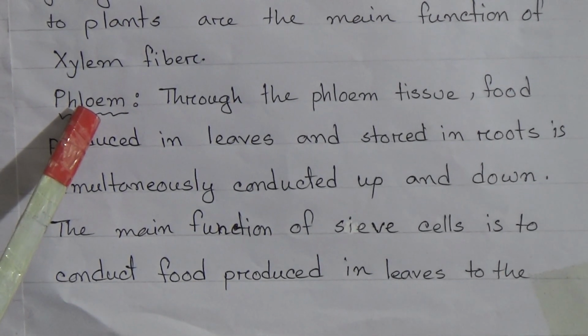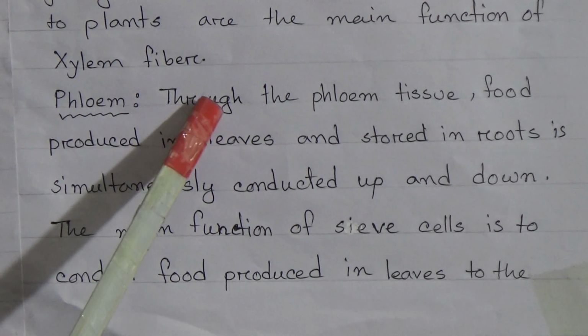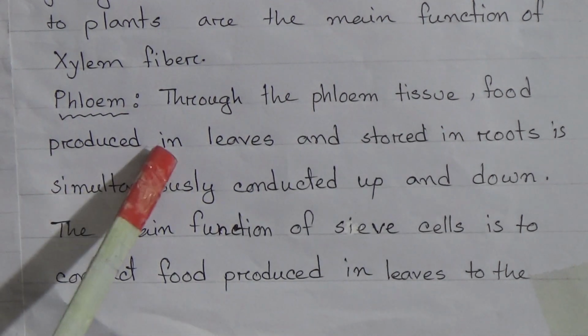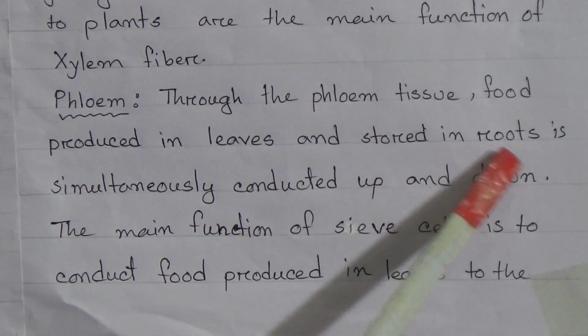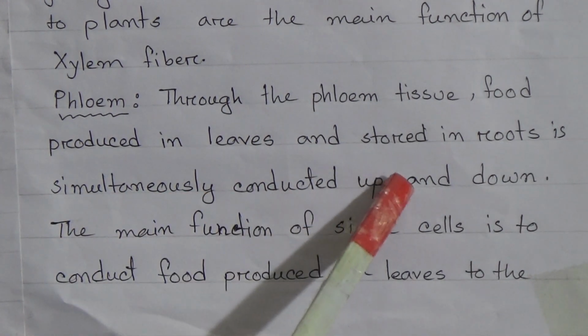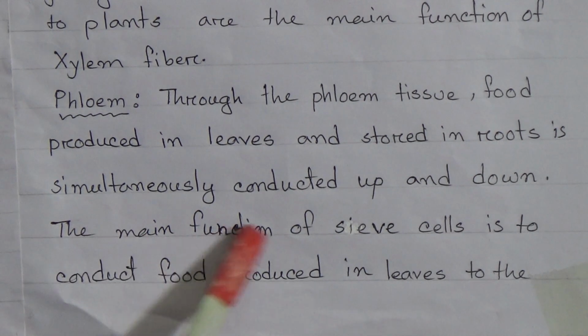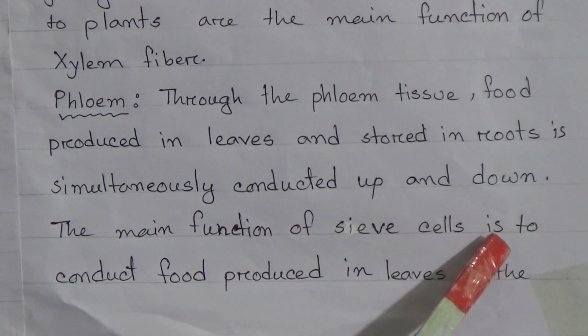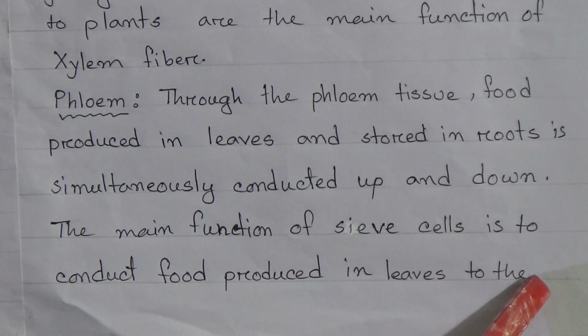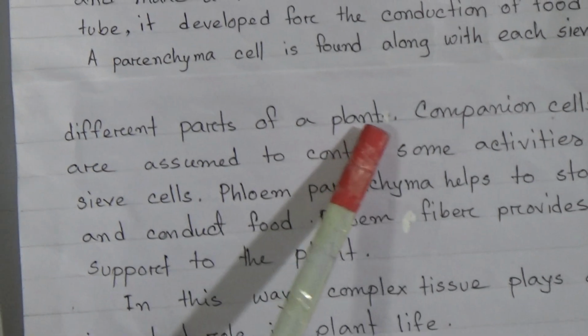We have already said this when we started the question answer. Through the phloem tissue, food produced in the leaves and stored in roots is simultaneously conducted up and down. The main function of sieve cells is to conduct food produced in leaves to the different parts of the plant.